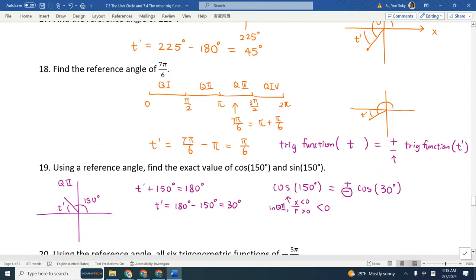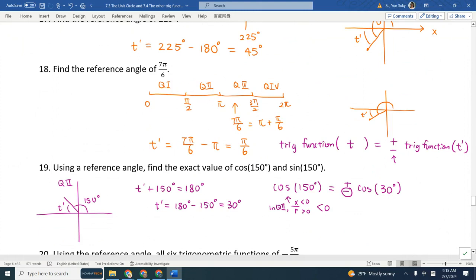If your angle is not in the first quadrant, then we look at the reference angle. Okay? We look at the reference angle. We draw the picture, find the reference angle, and then it's either plus or minus the trig function of the reference angle.